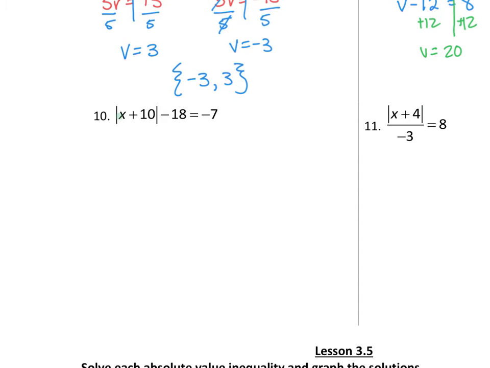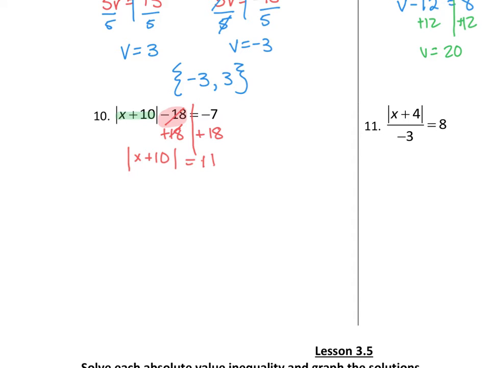For number 10, my absolute value is right here. This time I can see that I do have something outside that absolute value, that minus 18. I will need to add 18 to both sides before I can split apart my absolute value. That will leave me with the absolute value of x plus 10 equals 11.